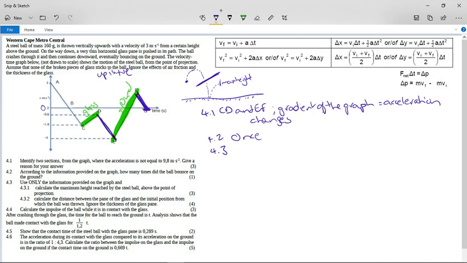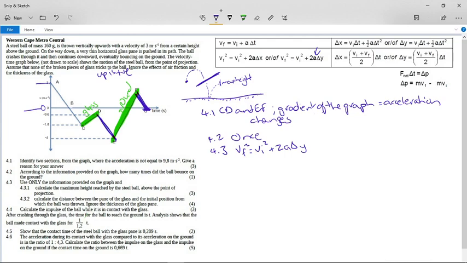So we're going to use these equations of motion, and we know from reading off the graph, this is our VI, it's also in the question, and at maximum height, VF is 0, and it's a projectile, accelerating at the acceleration due to gravity. So we can use VF squared equals VI squared plus 2a delta y, this equation of motion over here.